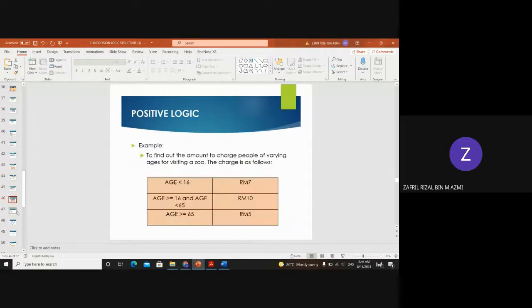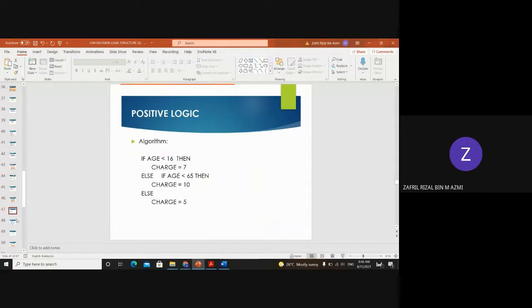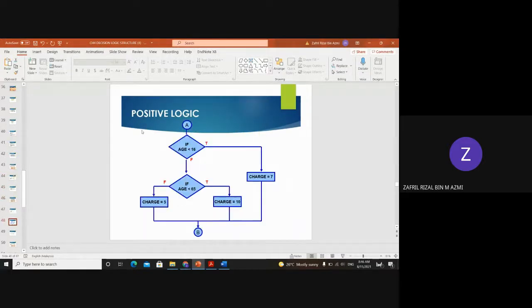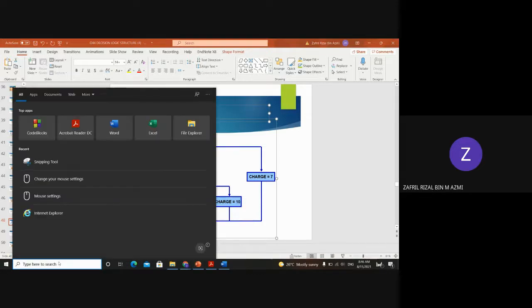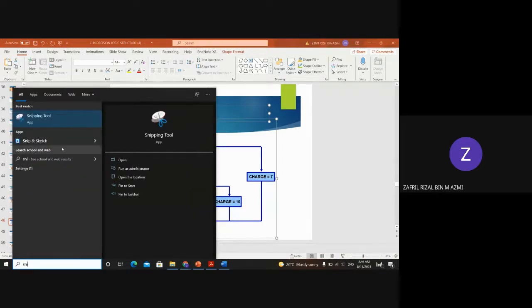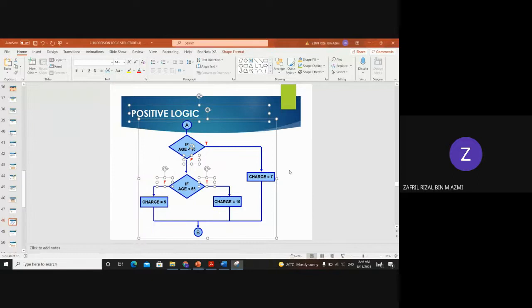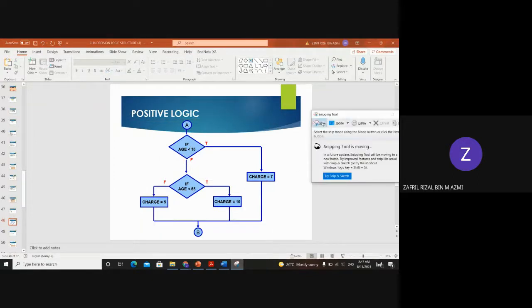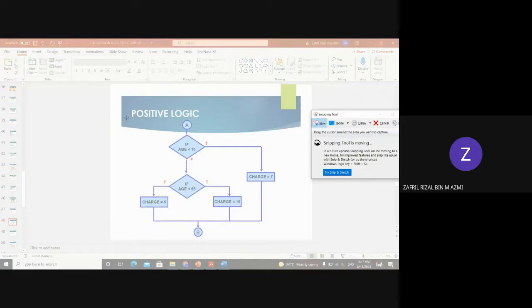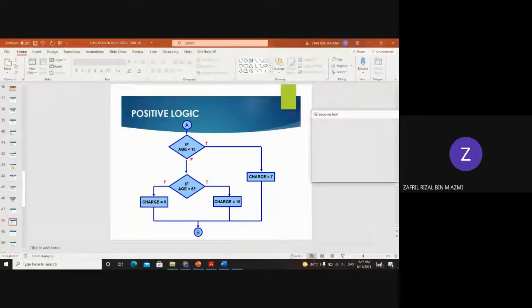Positive. Put it side by side. This is positive.